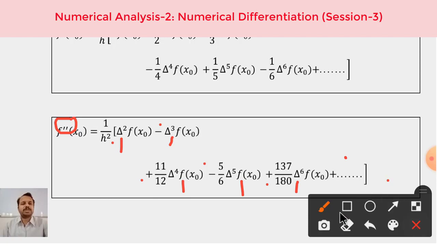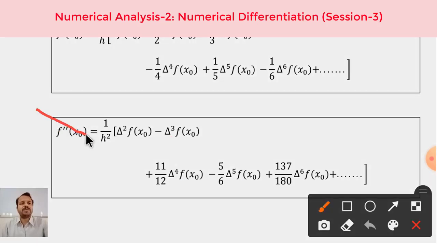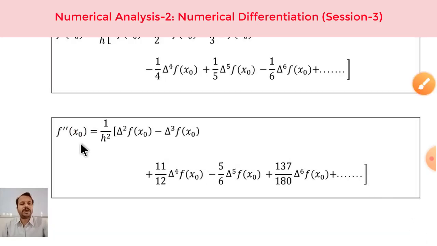And the coefficients: the first two terms have the coefficient 1, the third one is 11 by 12, the fourth one is 5 by 6, the fifth one is 137 by 180. So these you have to learn by heart, or memorize in your own style, and that is the required formula for finding the second order derivative of the given function f at the initial point x0.